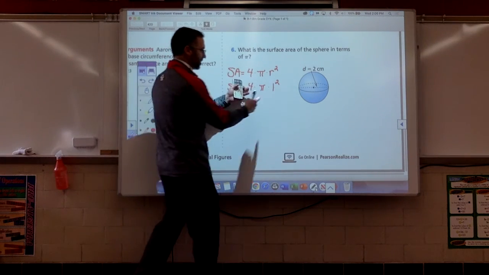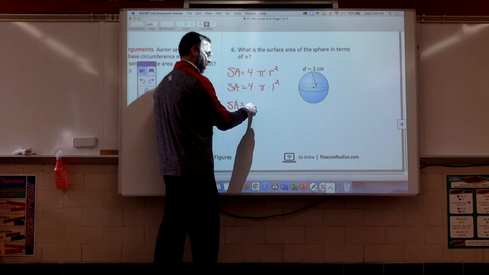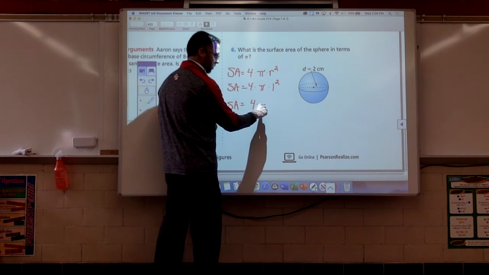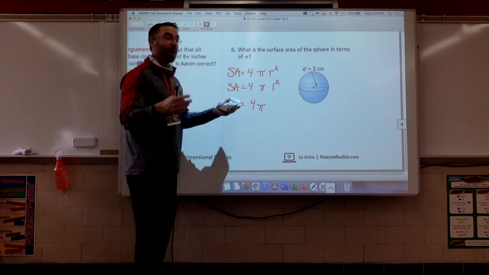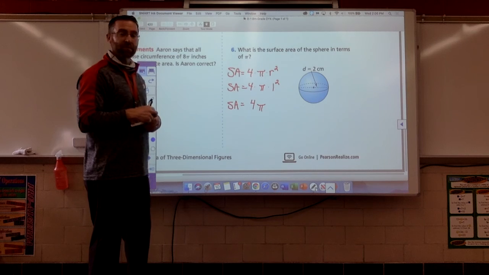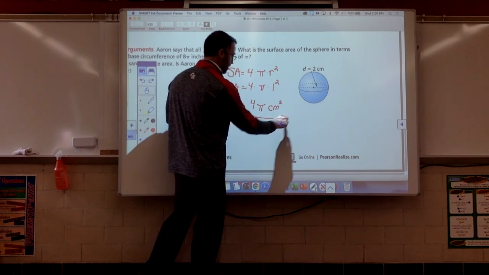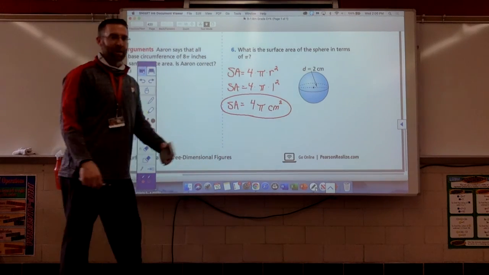So I'm going to take 4 times 1 squared. 1 squared is 1. 4 times 1 is 4. We are going to multiply by pi, but we're not going to put in 3.14 for that value. So surface area is 4 pi, everybody. 4 pi.